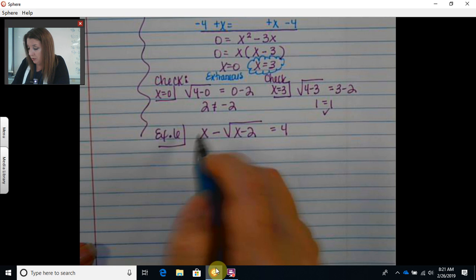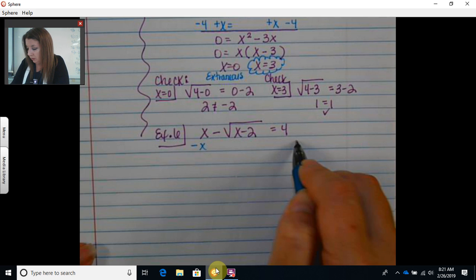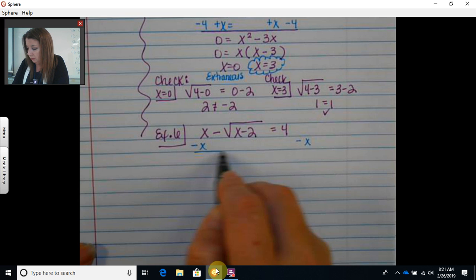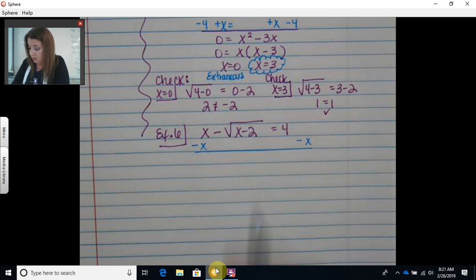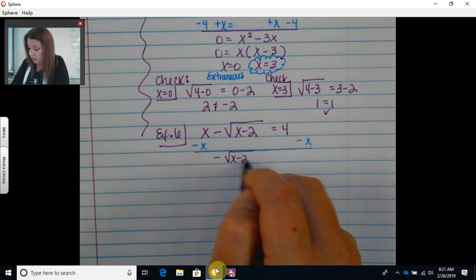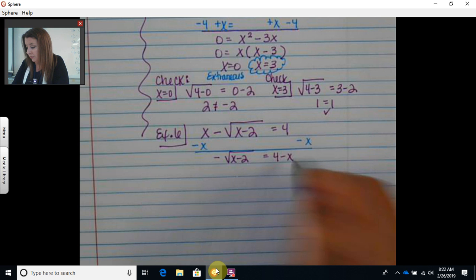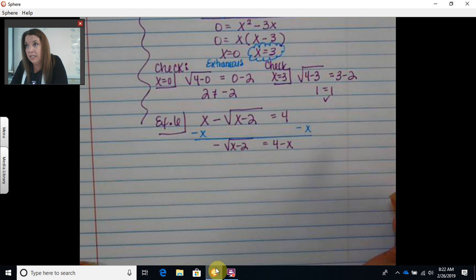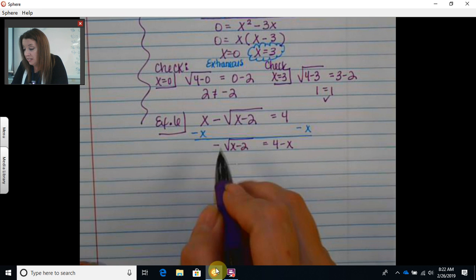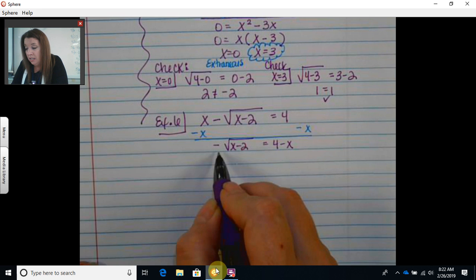So I would subtract the x, but my radical's still negative. So that's negative square root of x minus 2 equals 4 minus x. Is my radical isolated? No. Technically, isn't that a negative 1 out there, being multiplied by the square root of x minus 2?